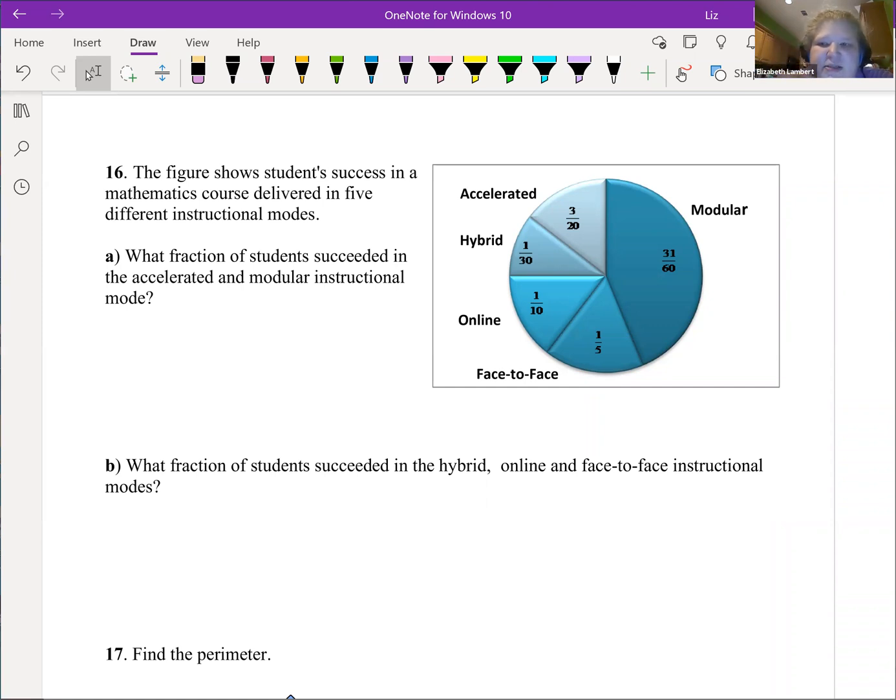And then this is all those students who succeeded. This is the split on what class they were taking, what mode of delivery. So what fraction of students succeeded in the accelerated and modular instructional mode? So that is asking for us to do accelerated and modular. So the 3/20ths and the 31/60ths.